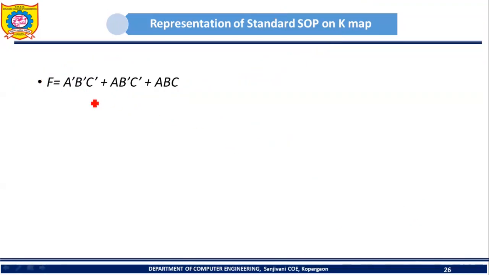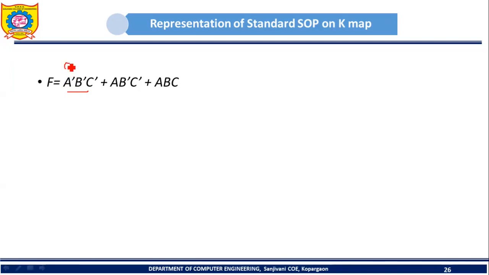Now let's try to represent this function in terms of min term notation. This point is already discussed. So here we will represent this function in terms of min terms. This is the first min term. Here we have a prime. So a prime means, what will be the value of a here?